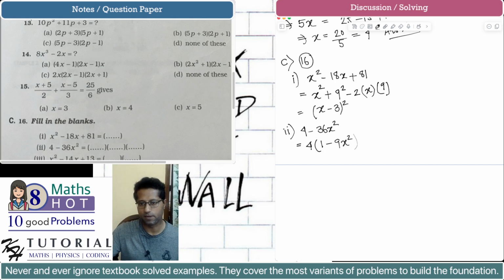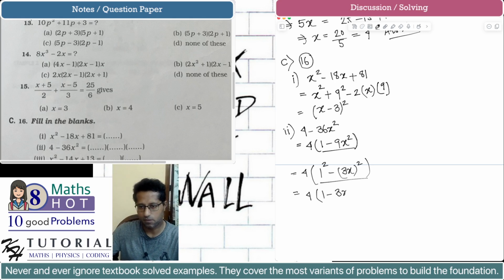Now we have to see whether we can further factorize 1 minus 9x square, which we can, because 1 minus 9x square can be written in the form a square minus b square, that is 1 square minus 3x whole square. Now this can be factorized using the identity a square minus b square is equal to a minus b into a plus b. So the final factorization becomes 4 into 1 minus 3x multiplied by 1 plus 3x.